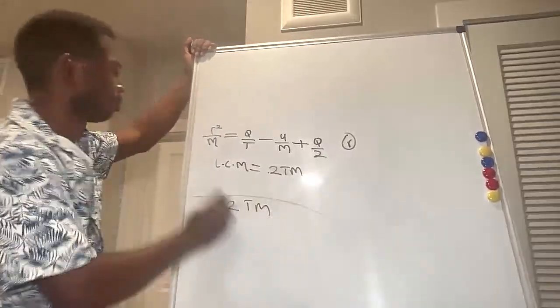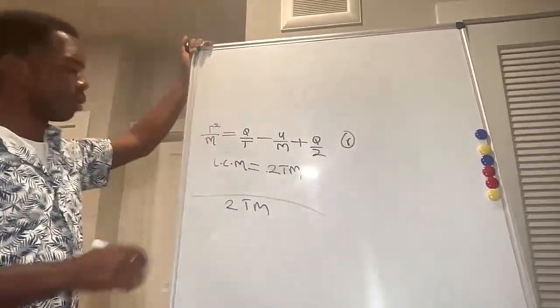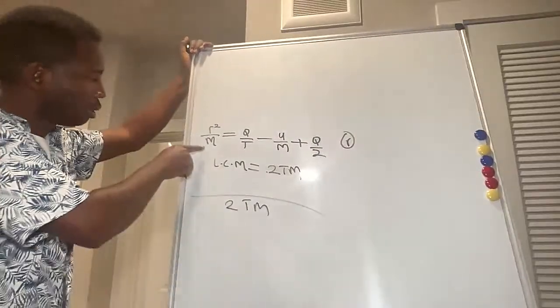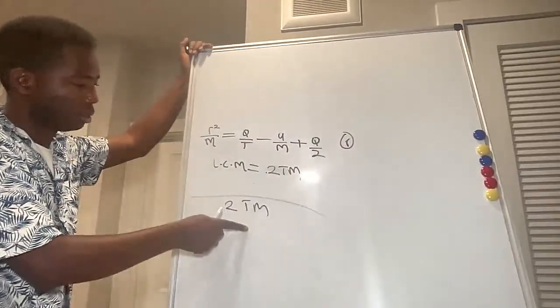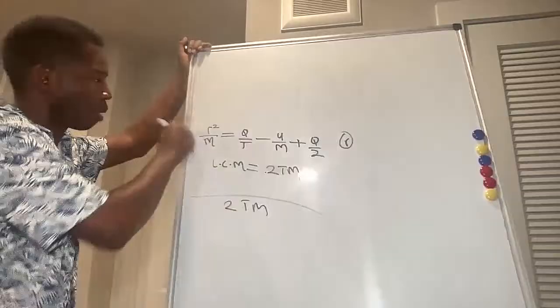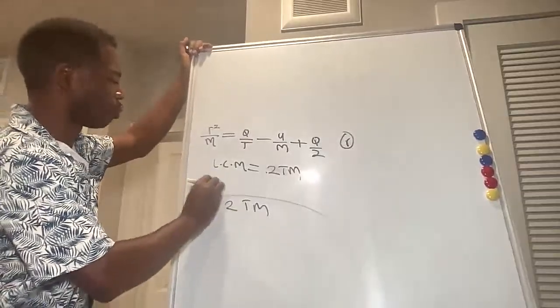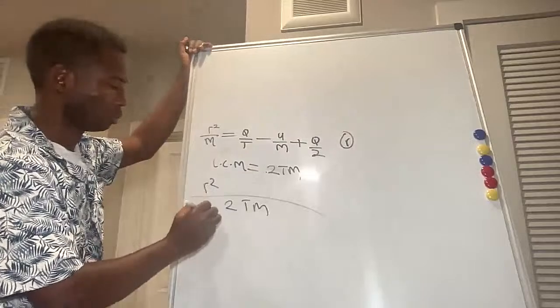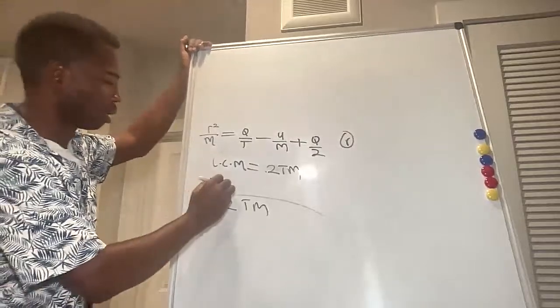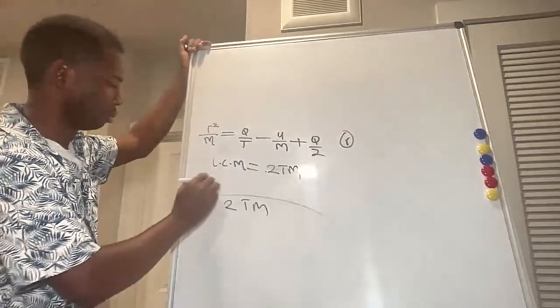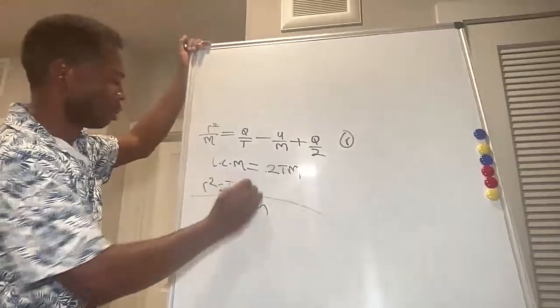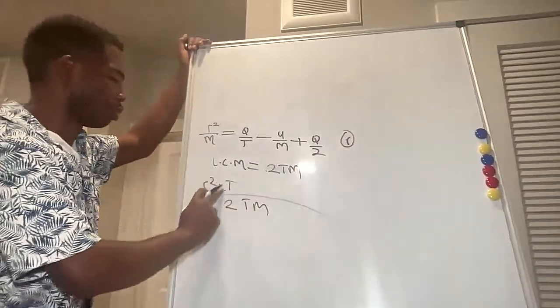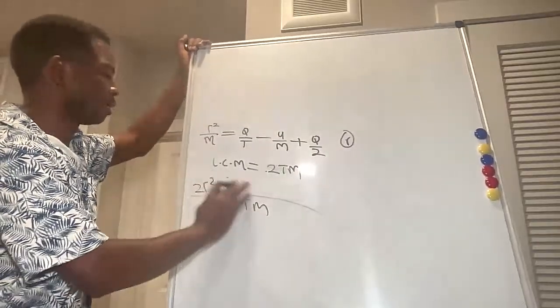2TM. Now, this M divided by this will give you 2T. 2T multiplied by R squared gives R squared 2T, but you have to represent it in such a way that 2 is at this other end.